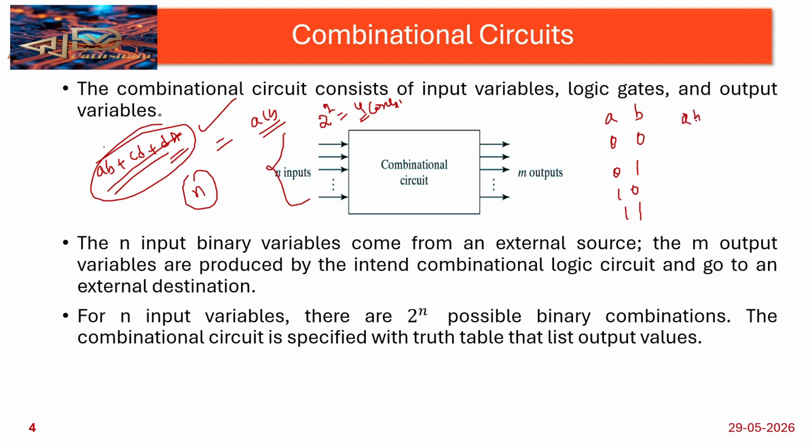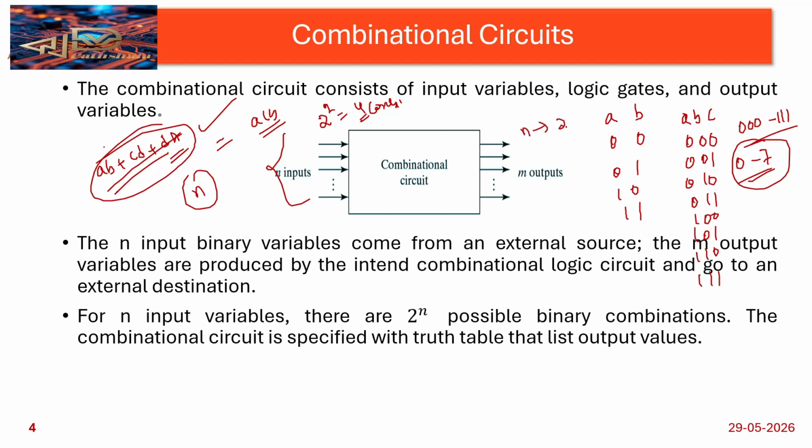If I give three inputs, how many combinations do we get? 000, 001, 010, 011, 100, 101, 110, 111. That starts from 000 and ends with 111, that means from 0 to 7, so 8 combinations. That means with n number of inputs, I will consider 2 power n combinations.